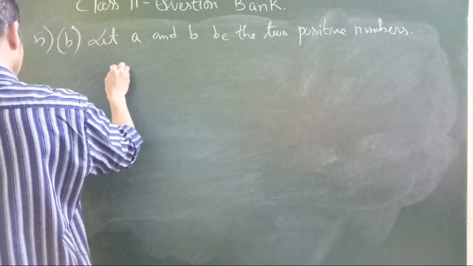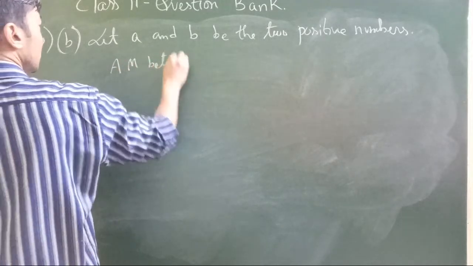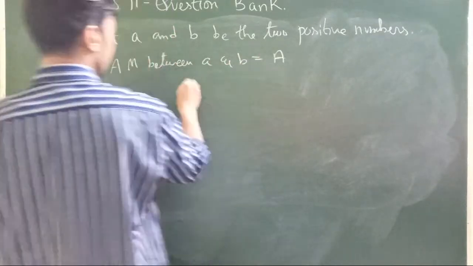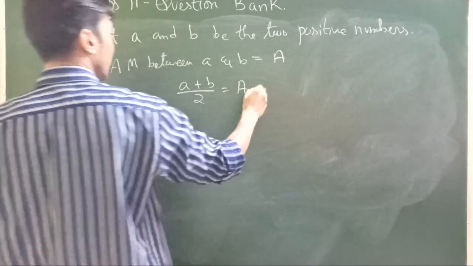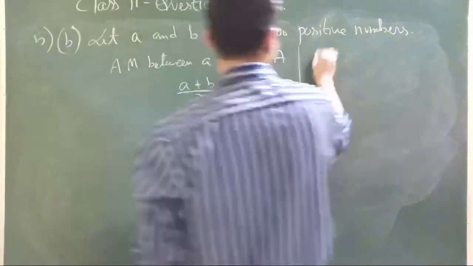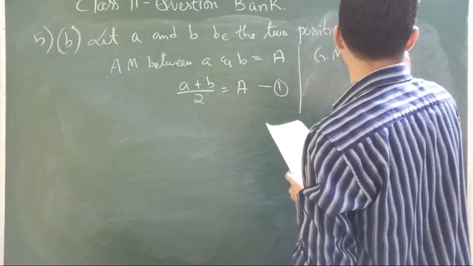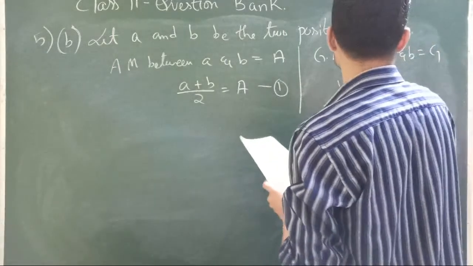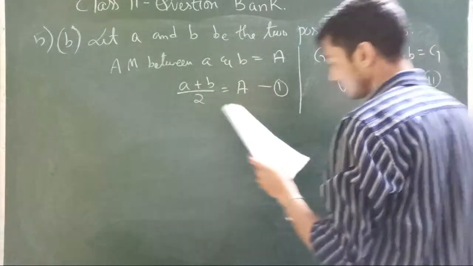So it's given that arithmetic mean between A and B is A. So that is A plus B divided by 2 is equal to A. Alright, we might need that. Also, geometric mean between A and B is given G. That is, root over of A into B is G. Alright, we might also need that.